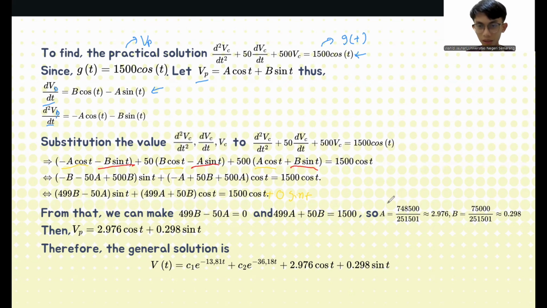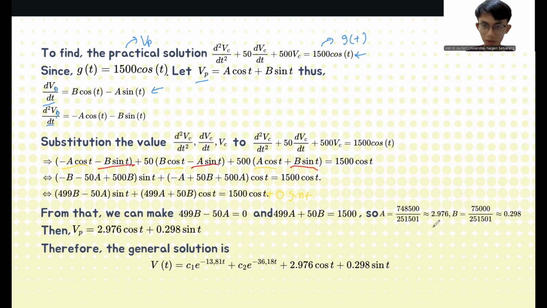From the first and second equations, we use a linear system. So we have A approximately equal to 2.976 and B approximately equal to 0.298.